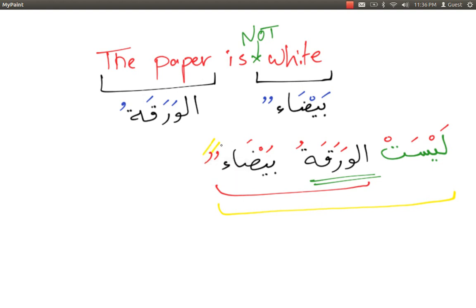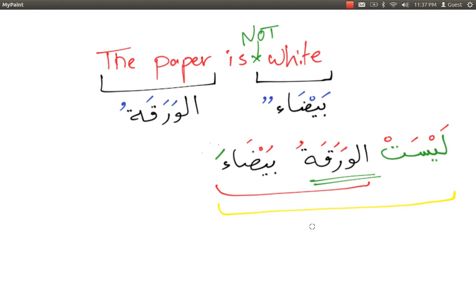Okay? ليست الورقة بيضاء. Okay, so this means that the piece of paper is not white, or the paper is not white. ليست الورقة بيضاء.